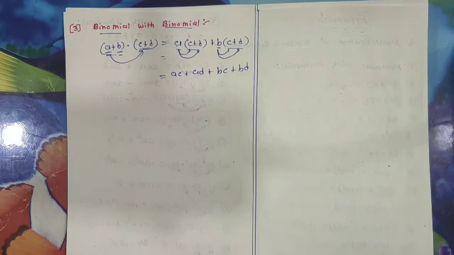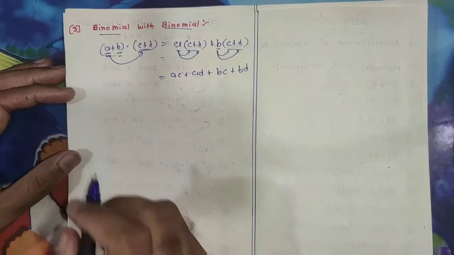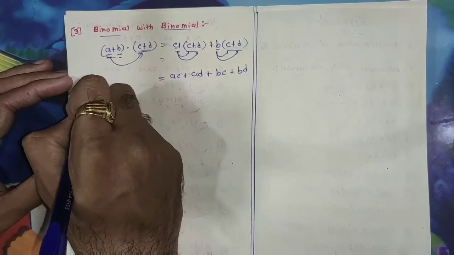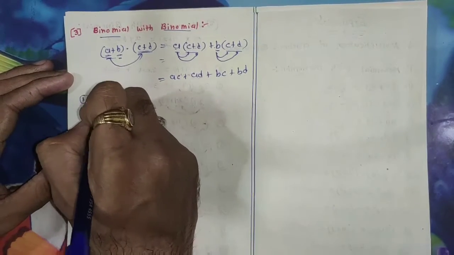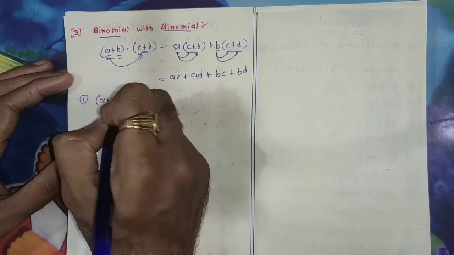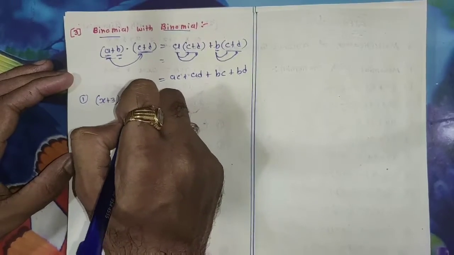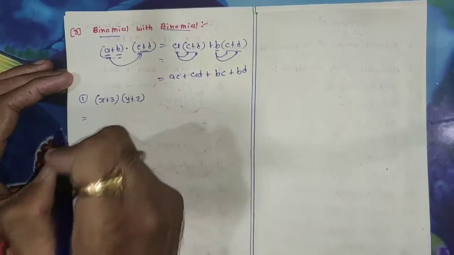So for better understanding, let us now consider some examples. Students, first, suppose we have to multiply x plus 3 with y plus 2. Clear?